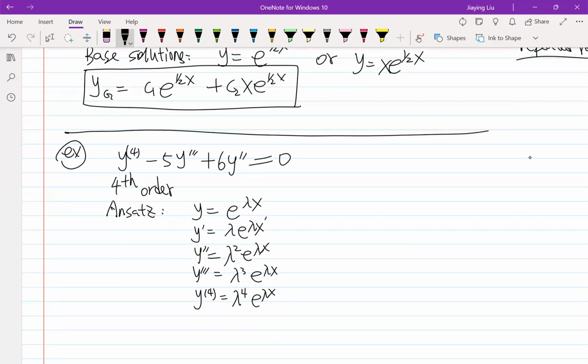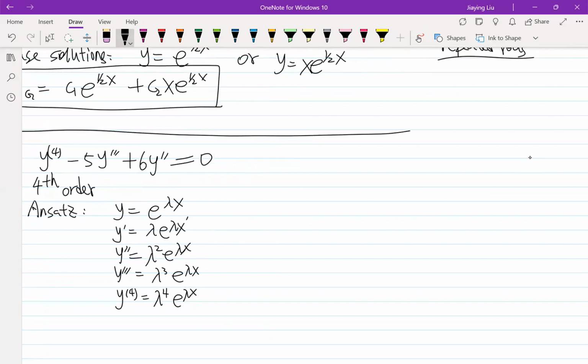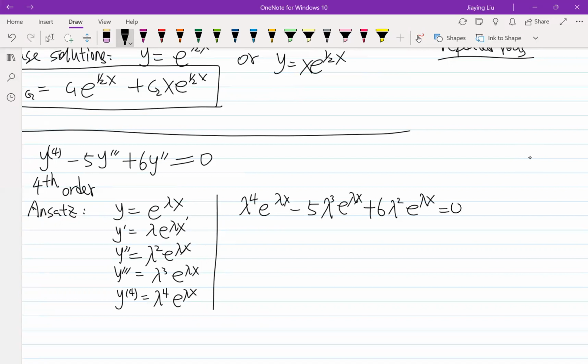And to put it into the differential equation, we have lambda to the fourth power e to the lambda x minus 5 lambda cubed e to the lambda x plus 6 lambda squared e to the lambda x equals 0.